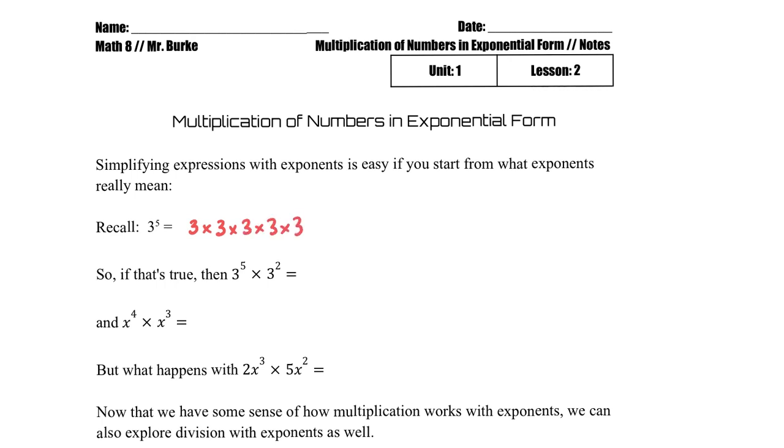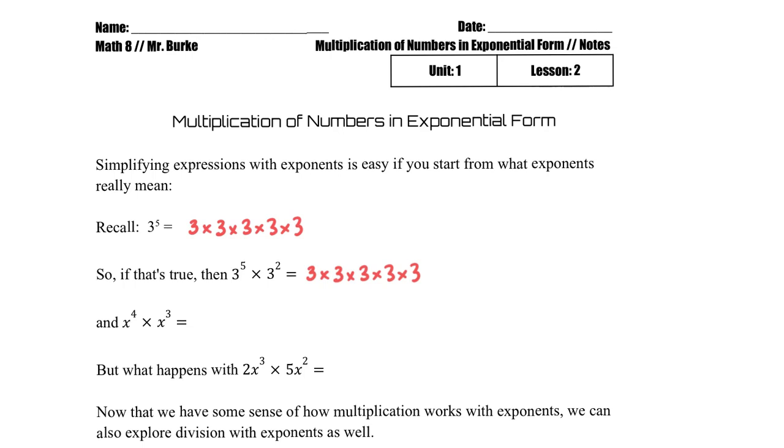Okay, so what happens if I have 3 to the 5th and then I multiply that by 3 squared? Well, we're going to take this first part, just duplicate it. So there's 3 to the 5th right there.